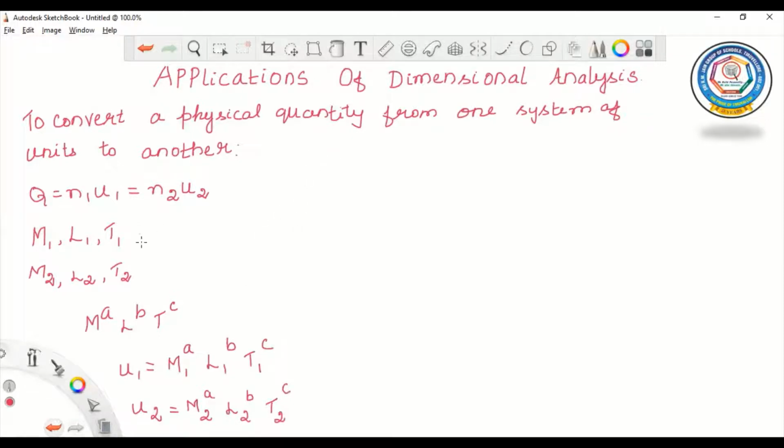Now, we are going to substitute this U1 and U2 in this expression.